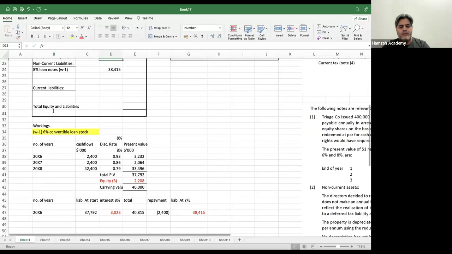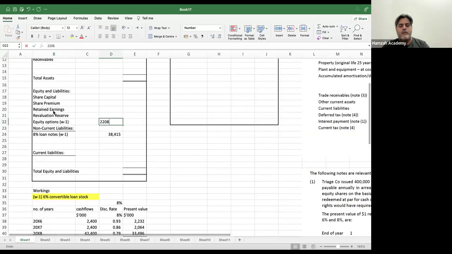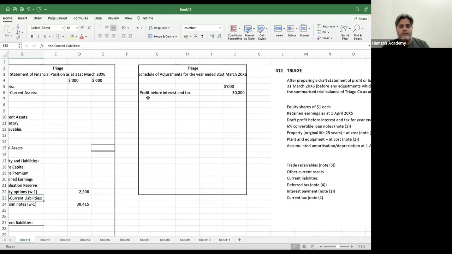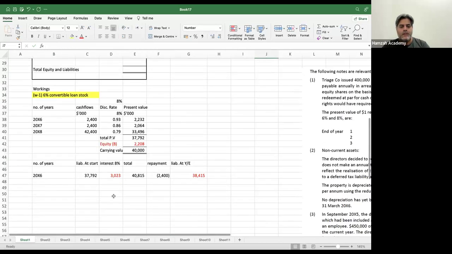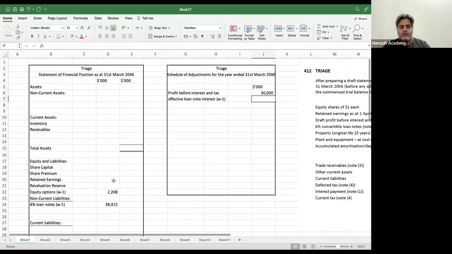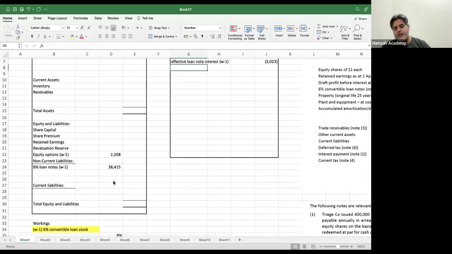Equity options are 2,208. And then I will go into my profit before interest and tax, and I will say the effective loan note interest. I will go and I will minus 3,023. Done? So that is how you are going to post the figures around wherever they are required to be posted.